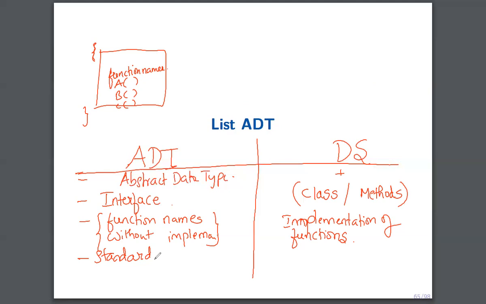Different programming languages, compilers, or packages might implement these functions in different ways. It's their headache, but the standard says you need to have these function names, with these parameters and data types, and implement them as per your programming language, compiler, or package. So this does not care for the implementation.